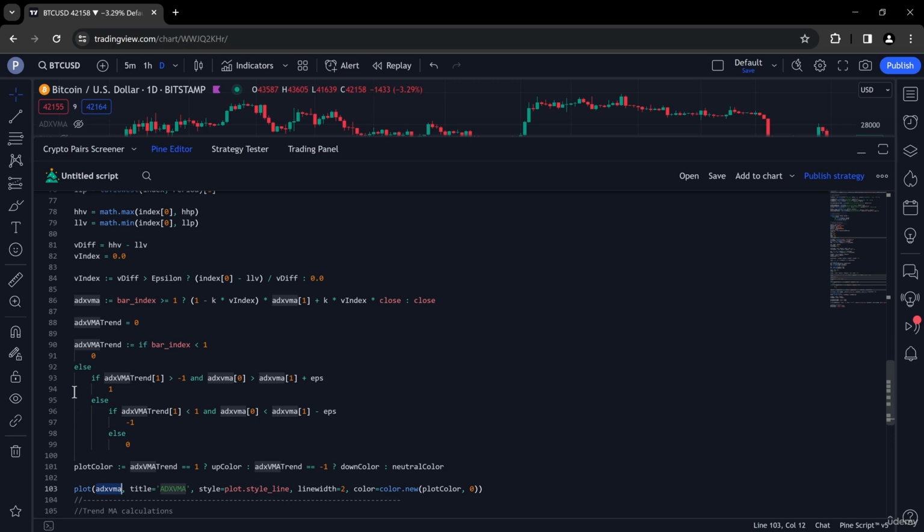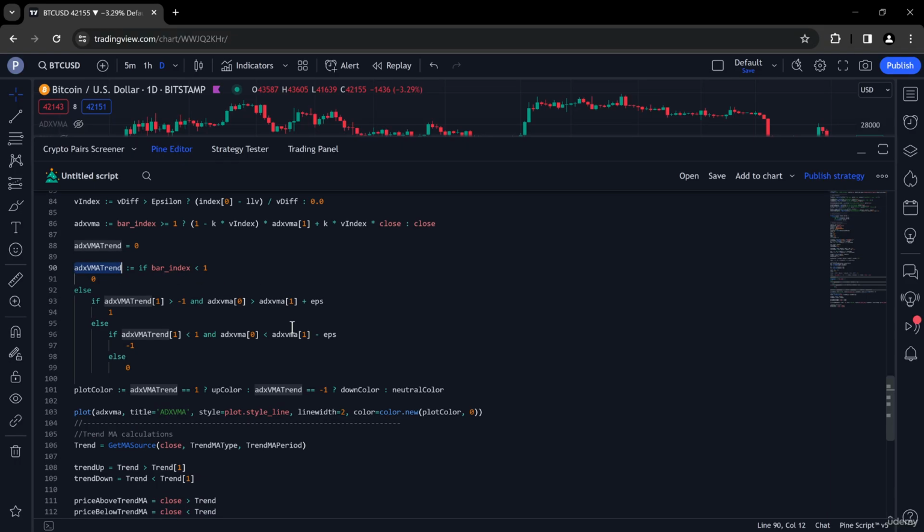And also it calculates ADX VMA trend that is providing us a signal from the ADX VMA indicator, whether the signal is bullish or flat or bearish.